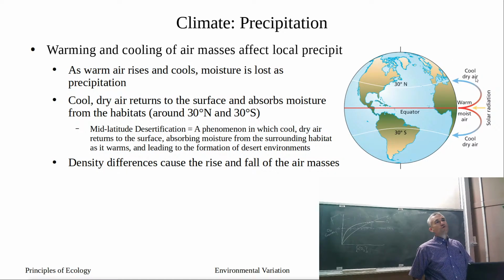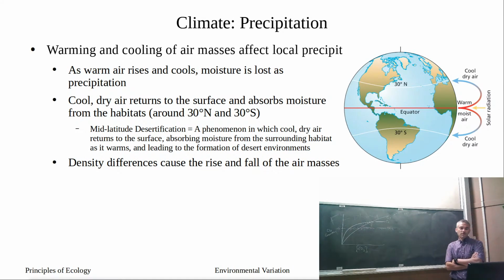As that cool, dry air comes back down, it's going to warm, pick up moisture, and dry out the surrounding areas. That's why a lot of our major deserts are located at these 30-degree latitude regions. That process has a name: mid-latitude desertification.